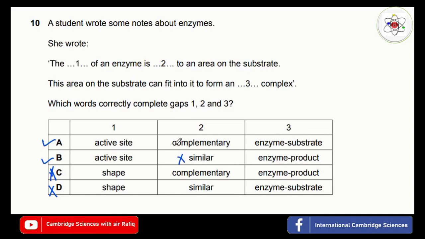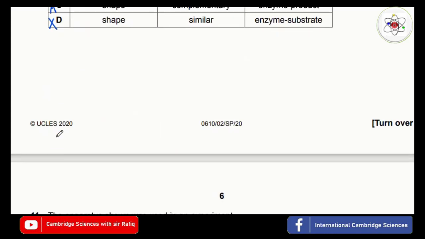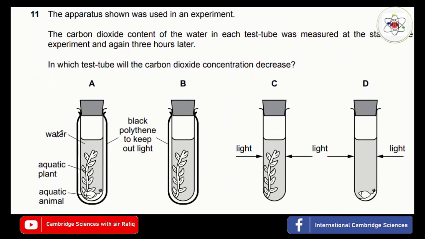Now, is it complementary? Complementary, or you can say the active site welcomes the substrate molecule. So it is complementary, and obviously the enzyme-substrate complex would be formed. So our option is A. Moving on to the next question.